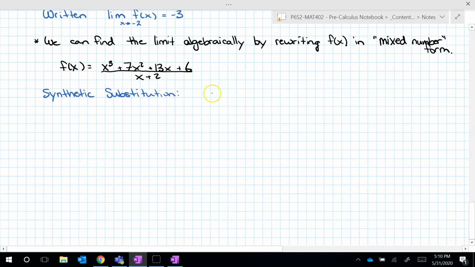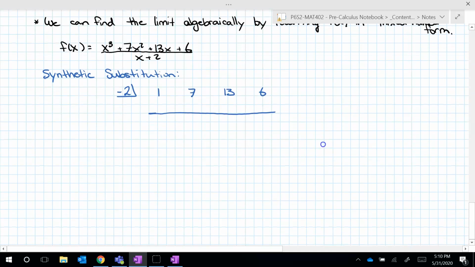We put in -2, the x value that would make this denominator 0, up here. The coefficients of the numerator, the 1, the 7, 13, and the 6, go up there. Leave a little space. We drop down the 1, multiply by -2.